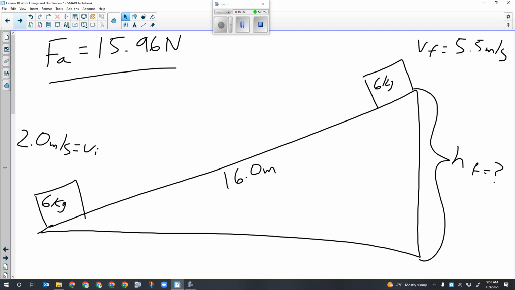It is being pushed up the frictionless ramp by 15.96 newtons worth of applied force. It starts at 2 meters per second at the bottom and finishes at 5.5 meters per second at the top. Calculate the final height. The ramp's 16 meters long.